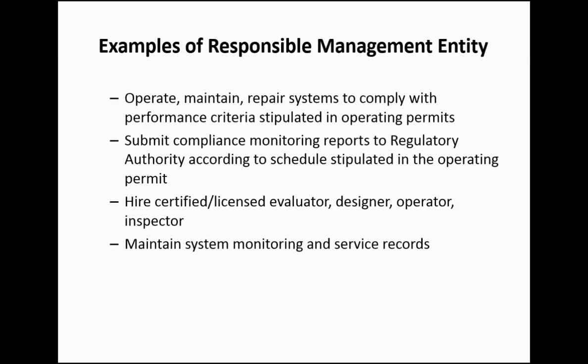These are some examples of what RMEs do: operate, maintain, and repair the system to comply with performance criteria stipulated in the operating permits; submit compliance monitoring reports to the regulatory authority according to the schedule stipulated in the operating permits; hire certified, licensed evaluators, designers, operators, and inspectors; and maintain system monitoring and service records.